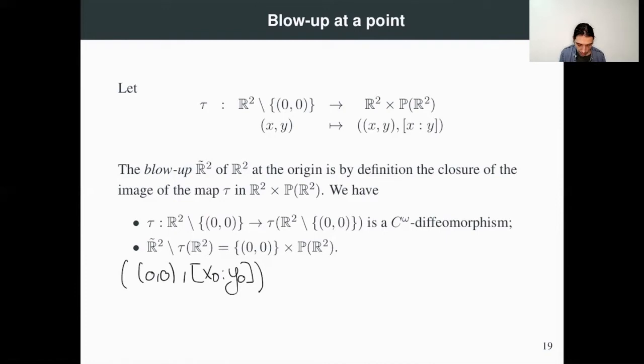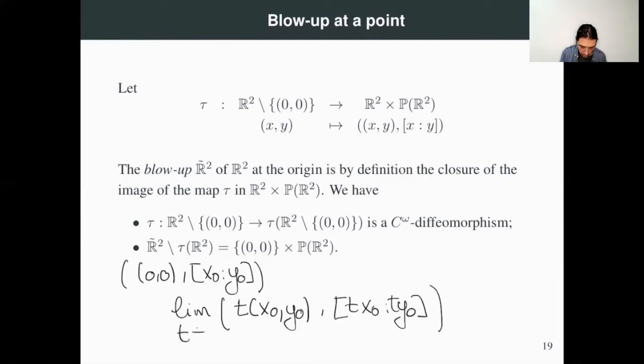Because we have just to consider the limit of t times x0, y0, and here the class of t times x0, y0, right? When t goes to 0. That point is going to be in the closure of the image.